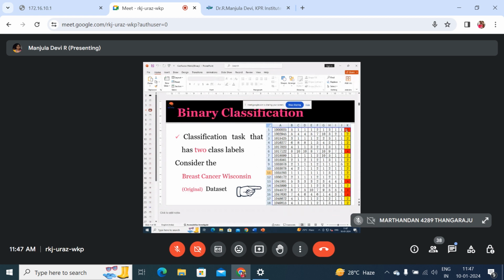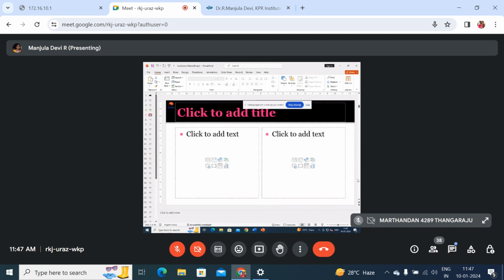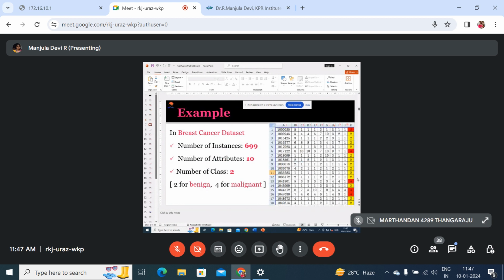Based on the binary classification, I am able to classify the two classes of the data set. So total number of instances is 699.